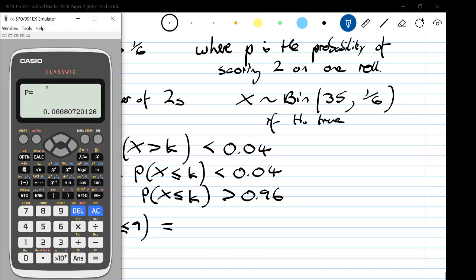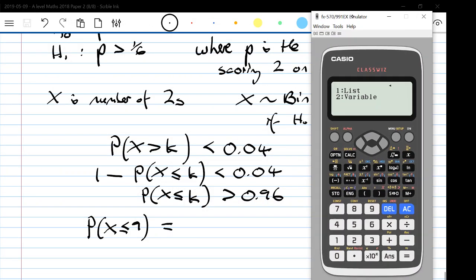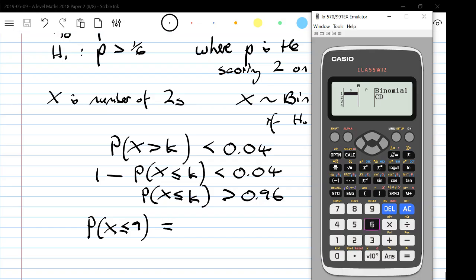On the calculator, let's see if I can remember how to do this one now. So this is a binomial cumulative distribution. I could do a list on this one, couldn't I? And do X as being 6, 7, 8, 9, 10, 11.